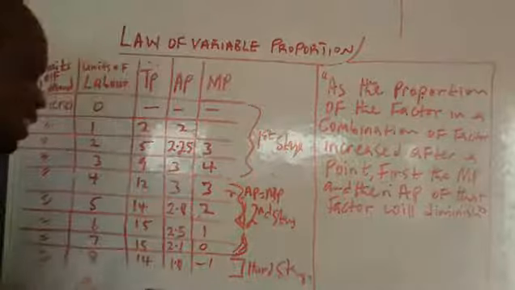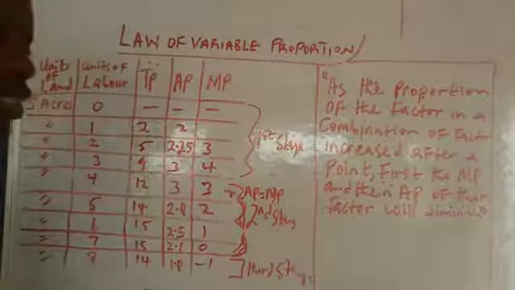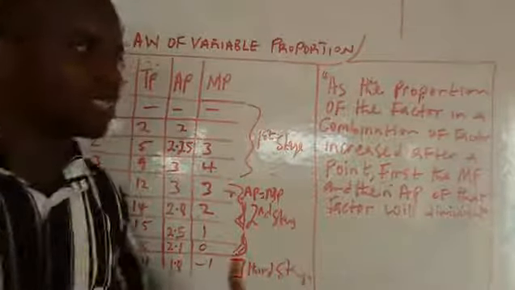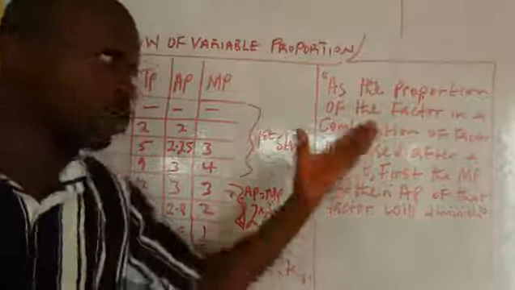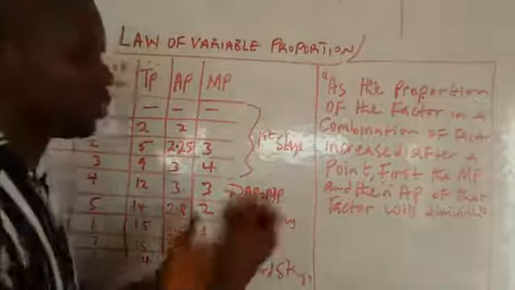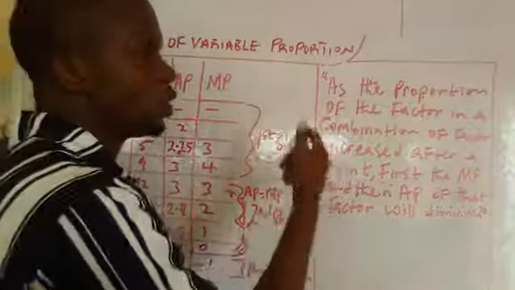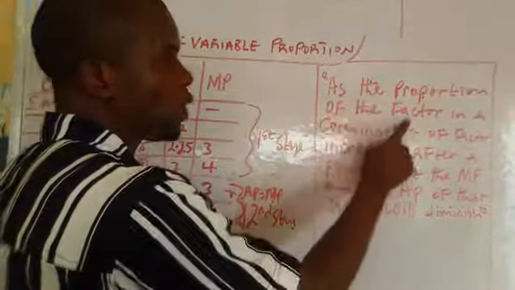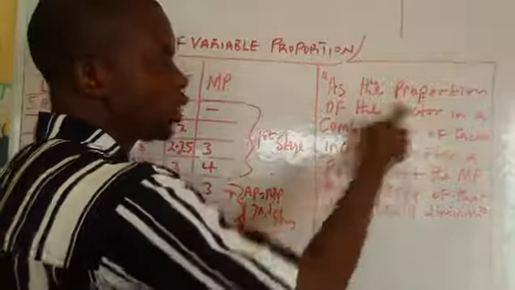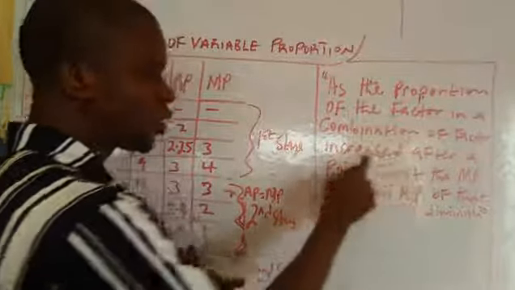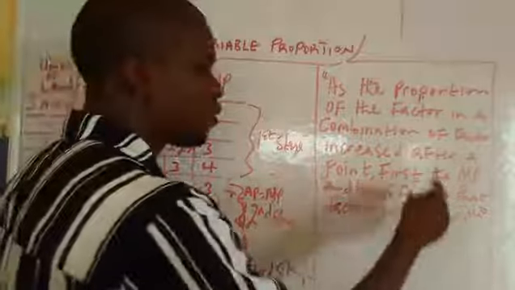When we understand these assumptions, we then come to what the law of variable proportion is. Let's look at the definition given by one of our scholars. He says that the law of proportion is as the proportion of the factor in a combination of factors is increased after a point.